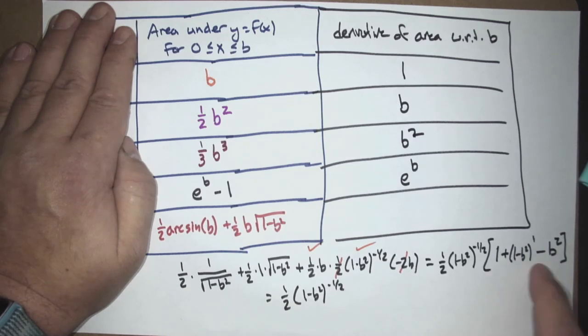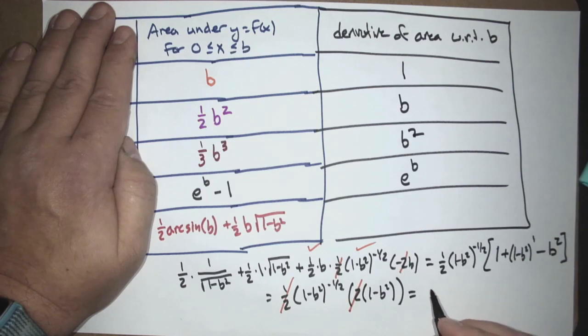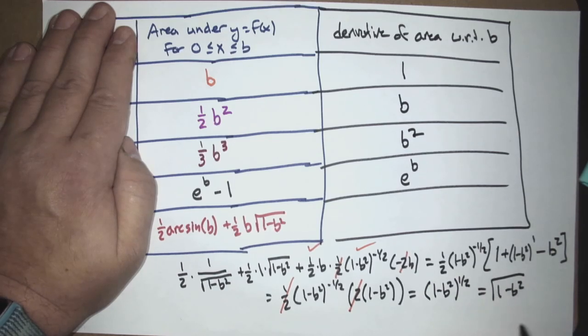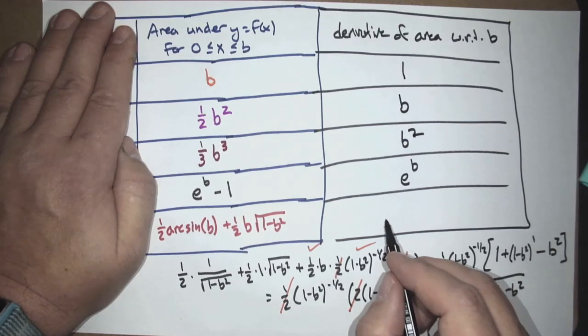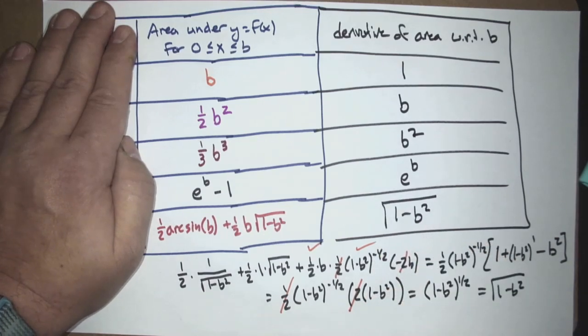Now, what do you get when you put these together? 2 times 1 minus b squared, yes? 2 times a half cancels. 1 minus b squared to the minus a half times 1 minus b squared gives us 1 minus b squared to the positive half, or the square root 1 minus b squared. Who could have seen that coming? Probably everybody who said, "Don't do it, Steve, don't start."